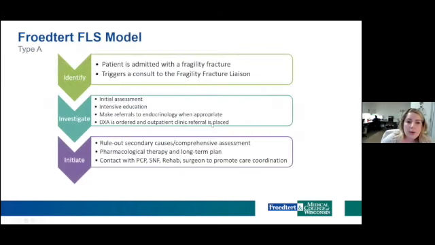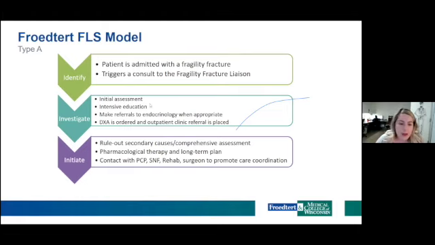So to talk a little bit about the model that we've created here at Froedtert, we most closely mimic a type A model. This diagram here is just a really high level overview of what we do here for our Froedtert FLS model. Last meeting, you guys were able to hear from my outpatient partner, Aaron.